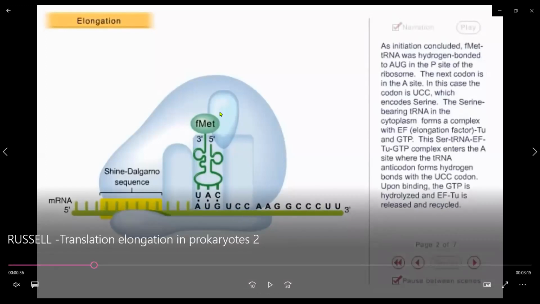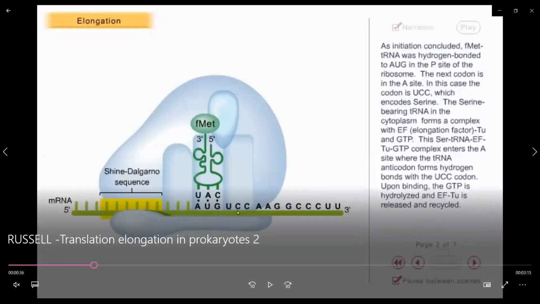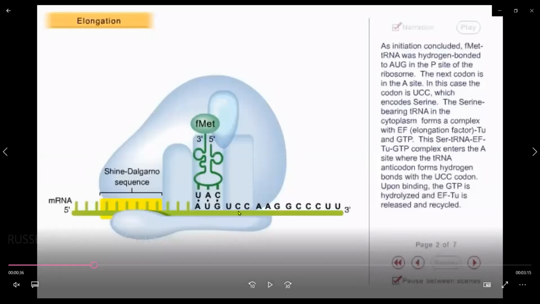When the initiation concluded, we saw that the F-met tRNA was hydrogen bonded to the AUG in the P site, and the A site is empty with our next codon in the A site. Keep in mind that a codon means 3 nucleotide bases. Now the UCC codes for serine. So it's obvious that a serine-bearing tRNA in the cytoplasm will now come.